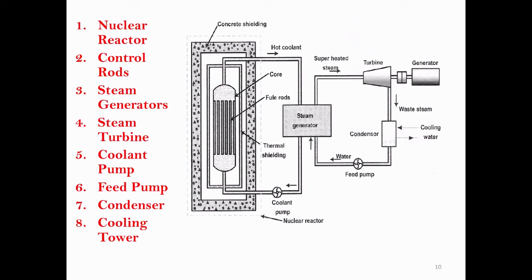When an unstable heavy nucleus is bombarded with high energy neutrons, it splits into two fragments, more or less of equal mass. Nuclear fission is always associated with the release of a large amount of energy. So the type that we are understanding here is nuclear fission.